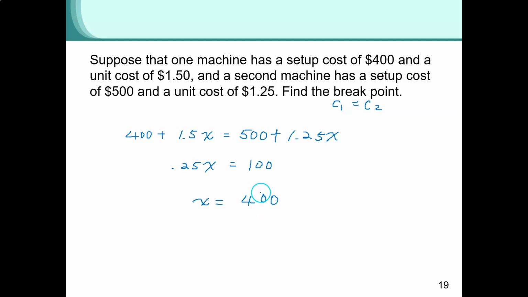So in order to get the same cost on both machines, the company needs to produce at least 400 items, in order to have both production lines at the same cost.